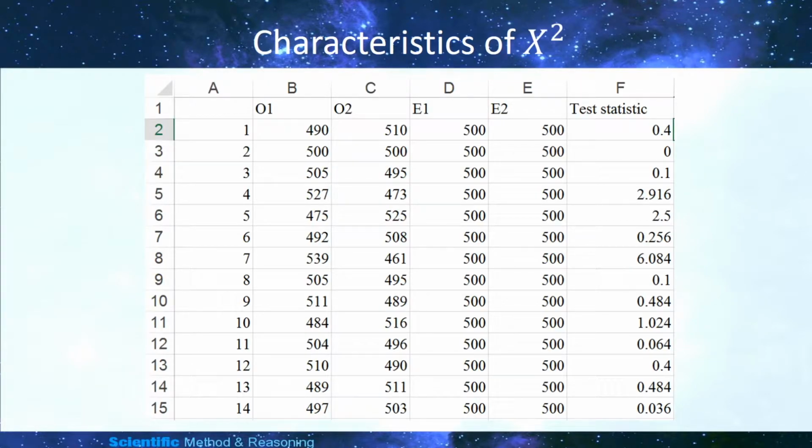From the Excel file, we have the first data set, O1 equals 490, O2 equals 510, and so on, and therefore the test statistic is 0.4 in the first data set. In the second data set, we have a perfect situation with O1 equals 500, O2 equals 500, and the test statistic equals 0, and so on. We repeated the experiment 10,000 times, such that we have 10,000 such test statistics.